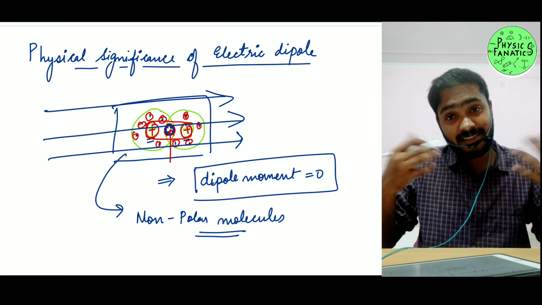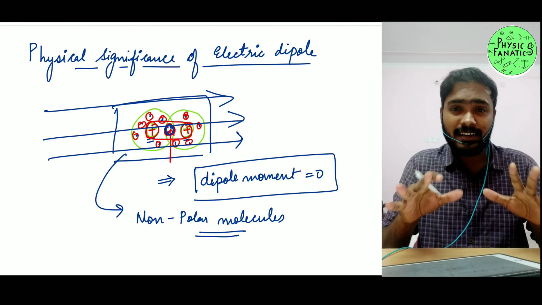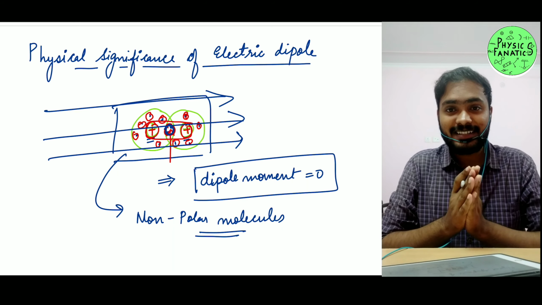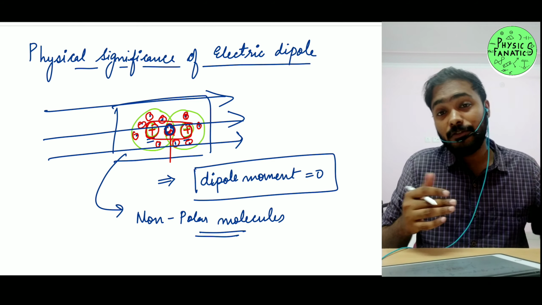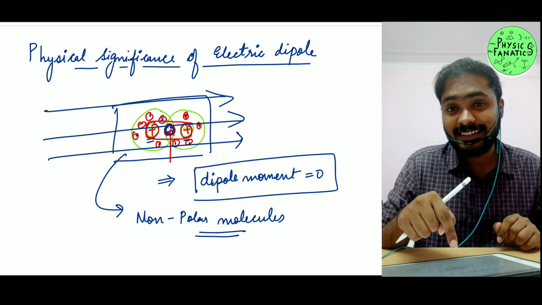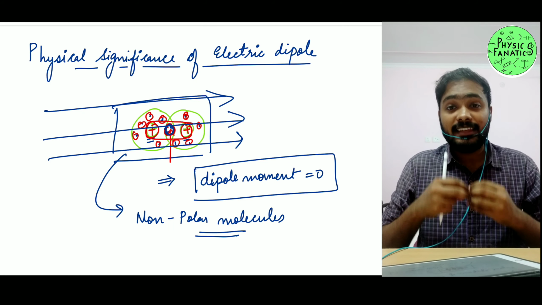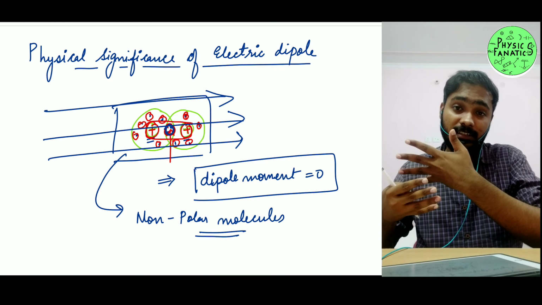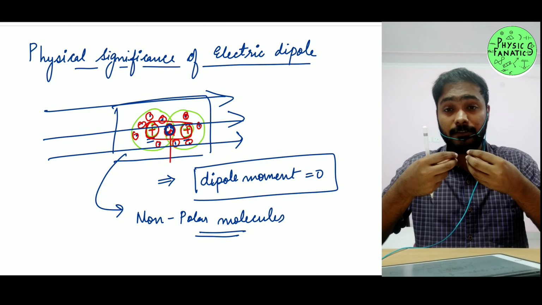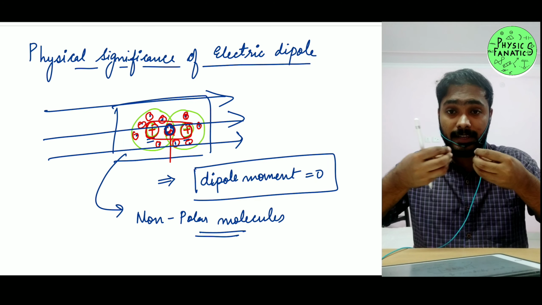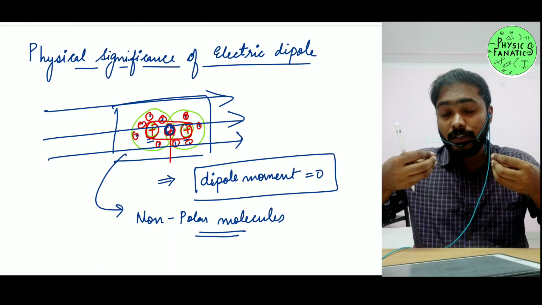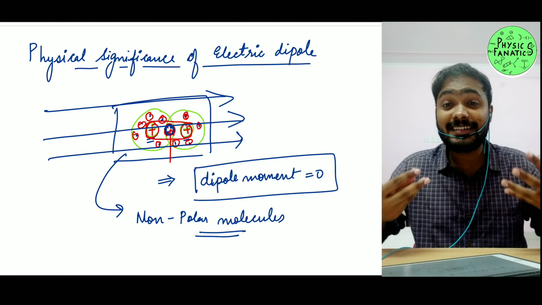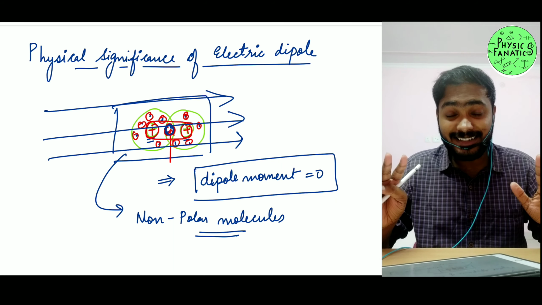Now this is something which we will study in the next chapter, but just a glimpse so that you can understand. If you give an electric field to these molecules, then there can be a dipole moment, because the moment you pass an electric field, the positive and the negative centers separate each other out. The moment they separate, there's a distance between the positive and the negative part, and hence the dipole moment, right? I hope that is understandable.